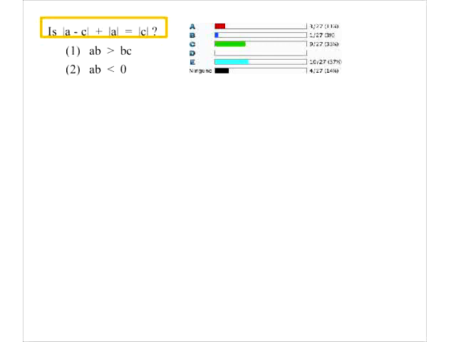You could theoretically do this with algebra. We'll come back to that if there's time. Or you could theoretically do plugging. Or you could theoretically use a number line interpretation. So let's talk about this first.